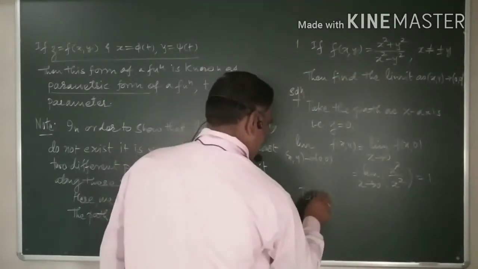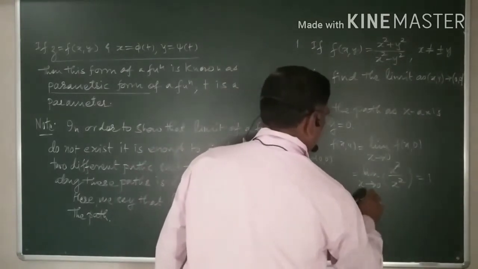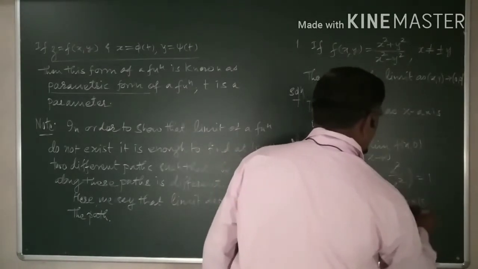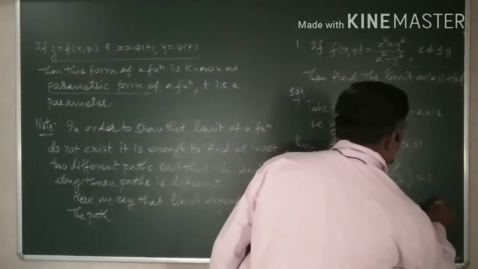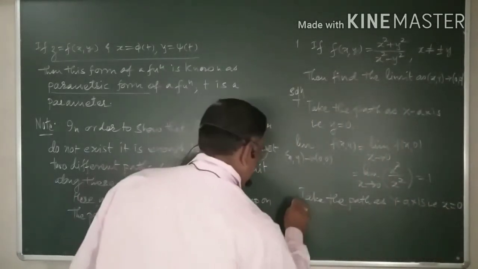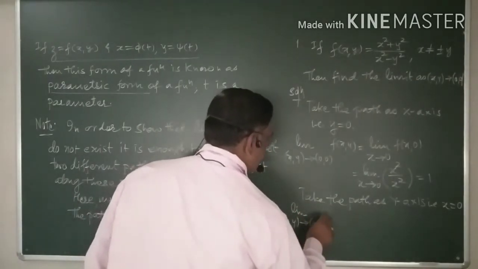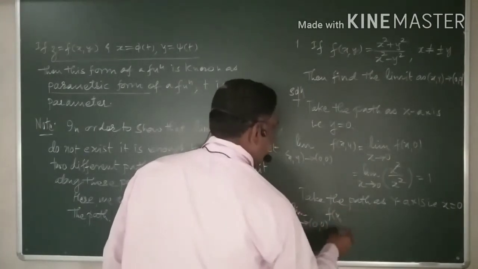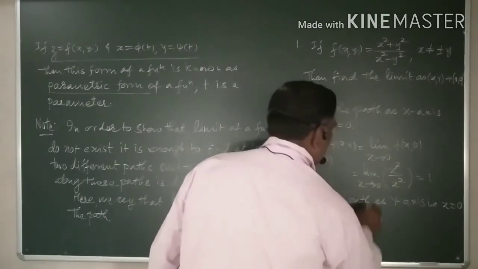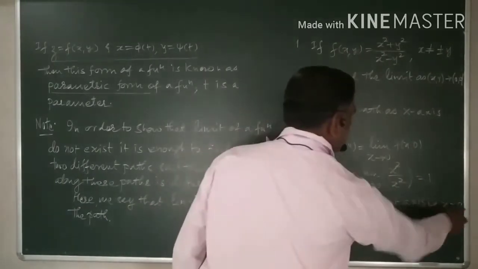Now take the path as the y-axis. That means x is equal to 0. And therefore the limit x comma y tends to 0, 0 of f of x y becomes the limit, now here in this case x is equal to 0.